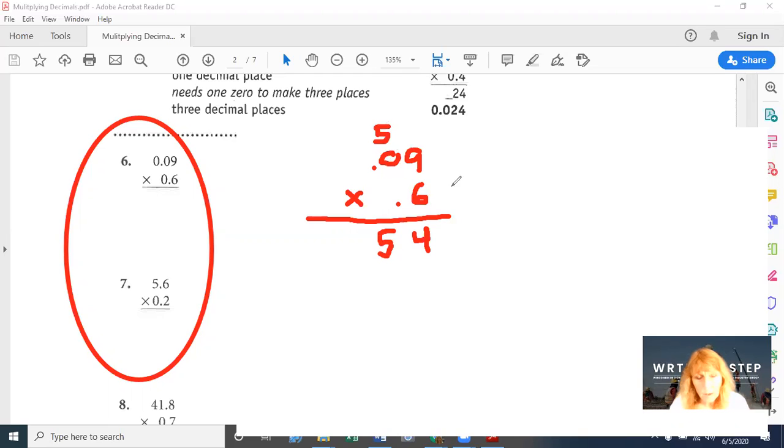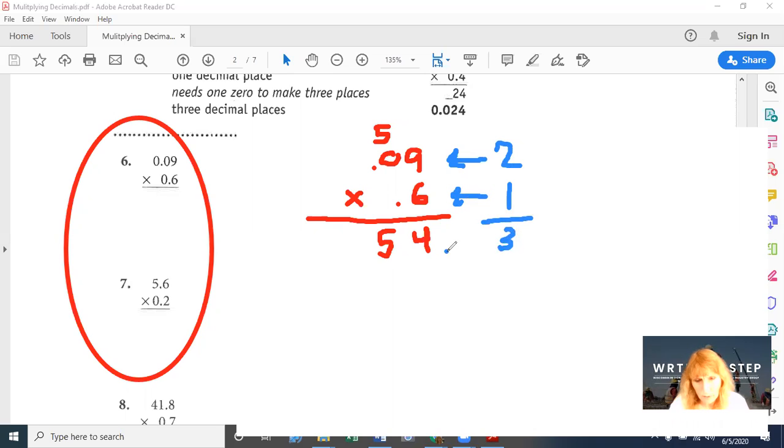Now I have to count how many numbers after the decimal that I have. So right here, I have 2 numbers after the decimal. And down here, I have 1 number after the decimal. So altogether, I need to have 3 spots after the decimal.